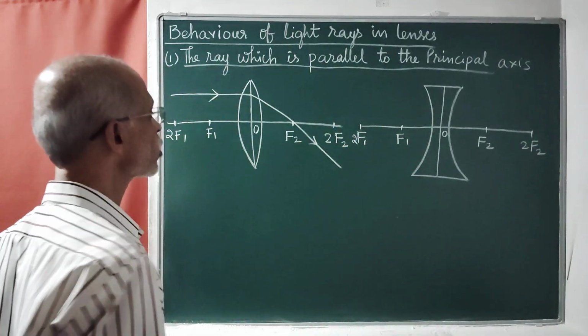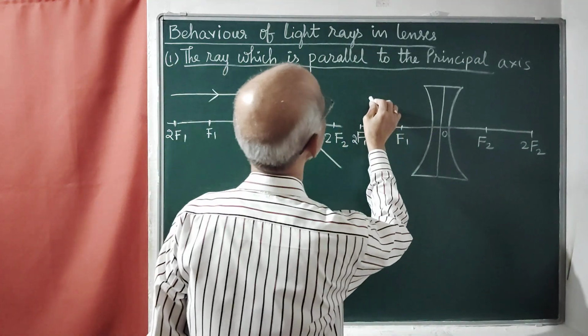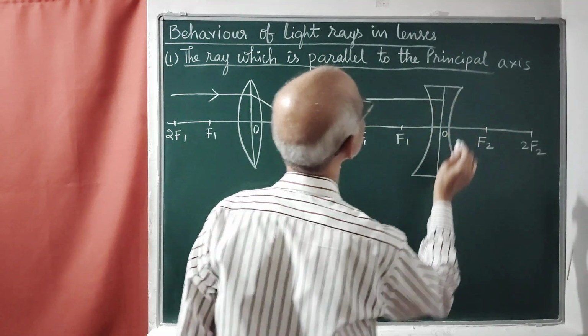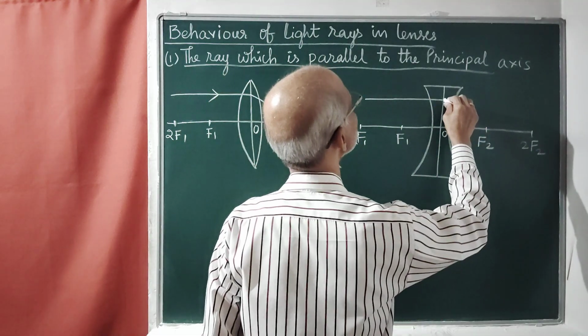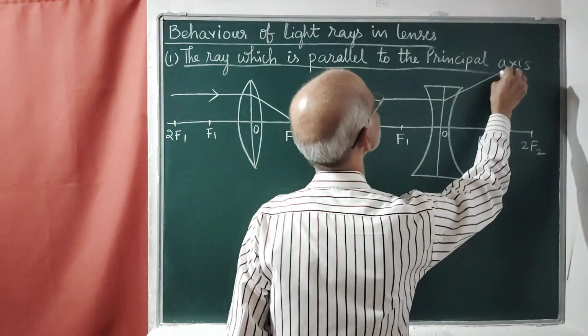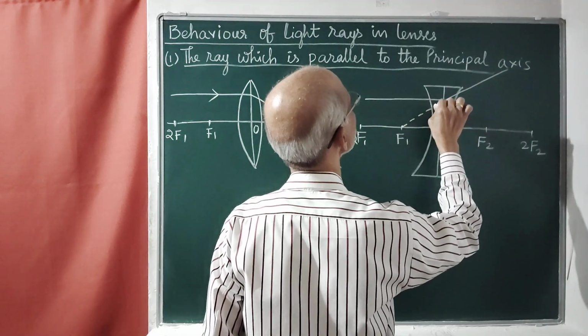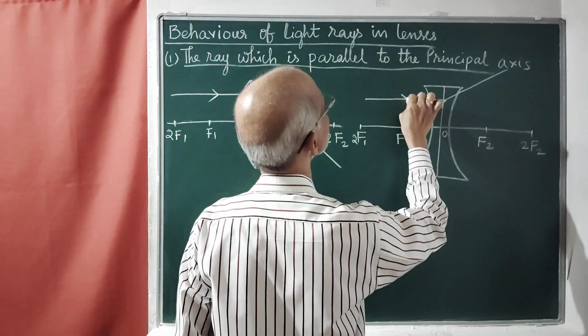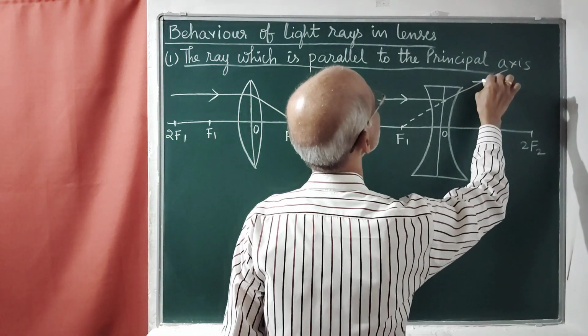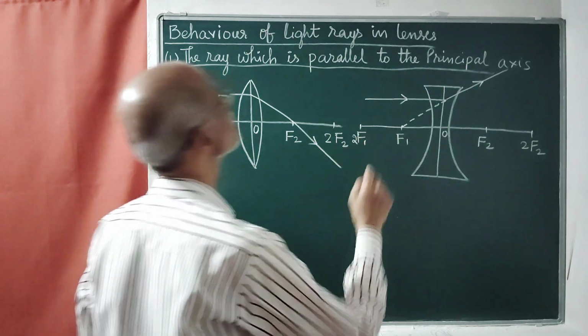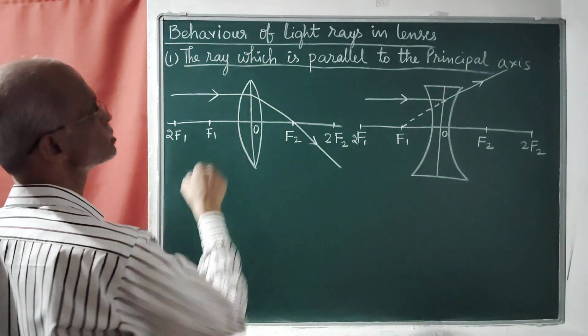So in the case of a concave lens, the ray that is parallel to the principal axis, after refraction, diverges as though it is coming from F1. Here the ray will diverge. Here the ray will converge.